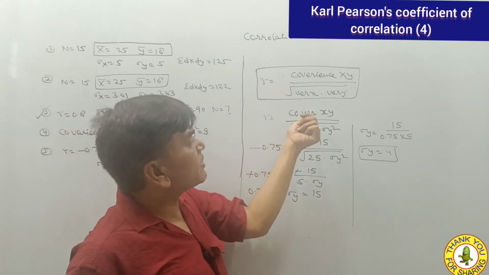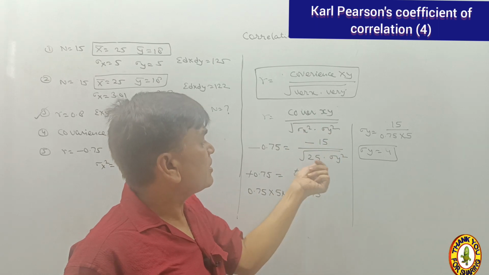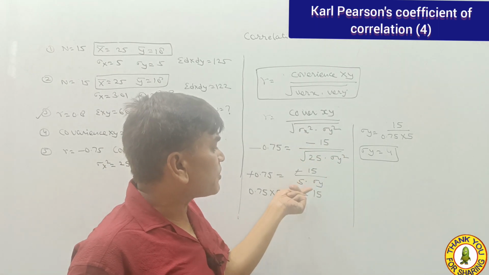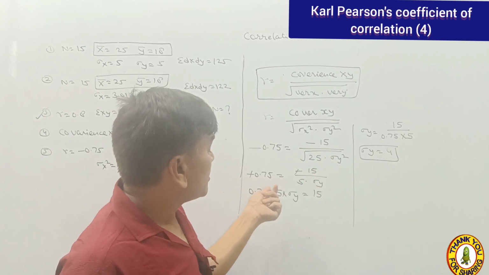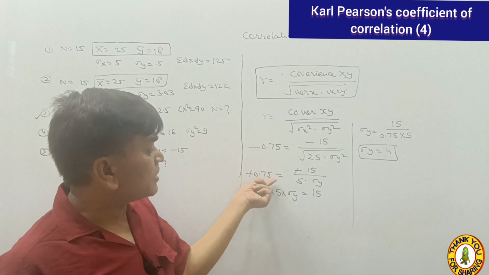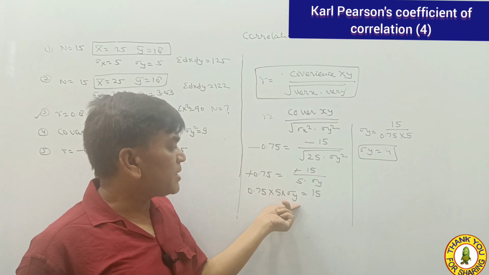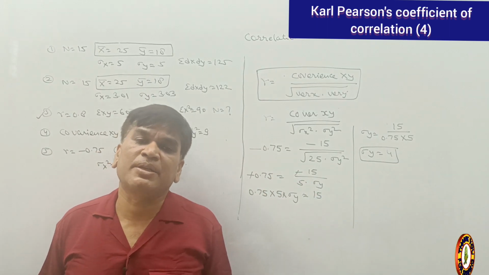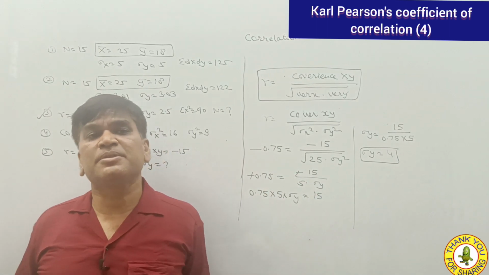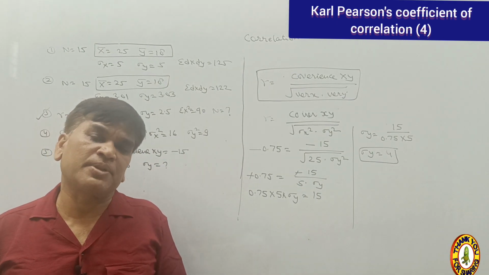Then covariance is given, that is minus 15, standard deviation x square is given 25, standard deviation y is not given. So taking the root, 25 root is 5 and standard deviation y square root is standard deviation y. So having the cross multiplication, 0.75 multiply by 5 multiply by standard deviation of y, that is 15. So getting the result, standard deviation y, that is 4. So with the help of this you can easily calculate Karl-Pearson coefficient values.